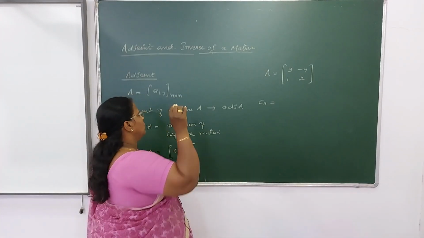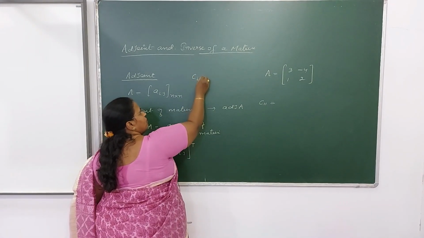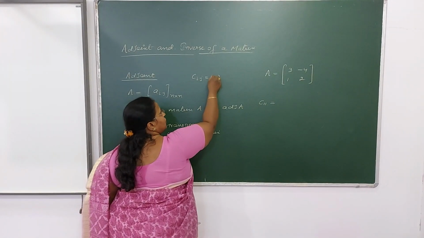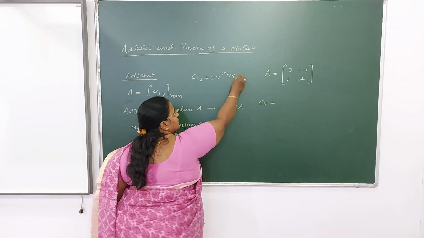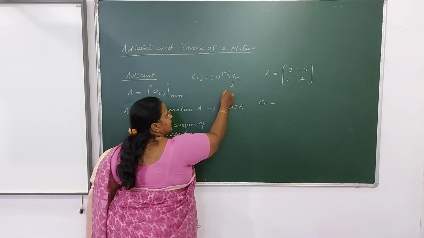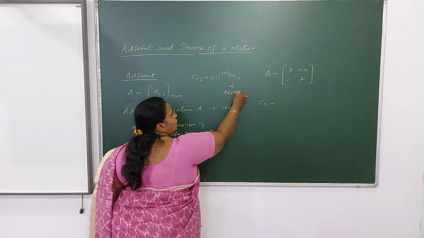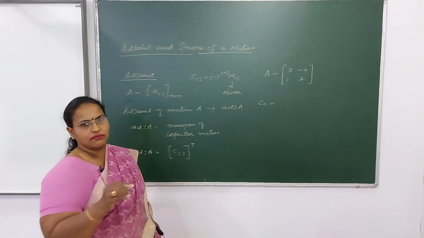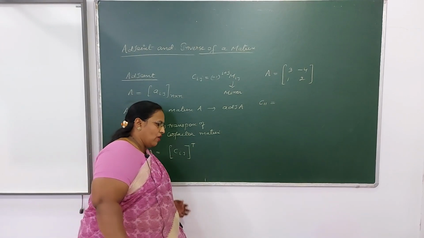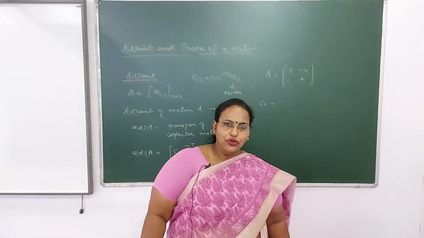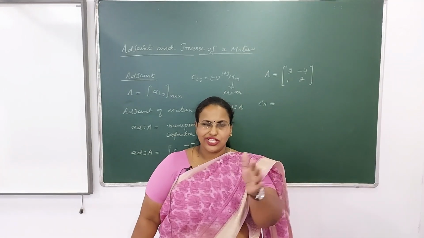Let me remind you, we have the formula for Cij as (-1) to the power i plus j into Mij. What is this Mij called? It is the minor of Aij. And how to obtain the minor? We delete the ith row and the jth column.